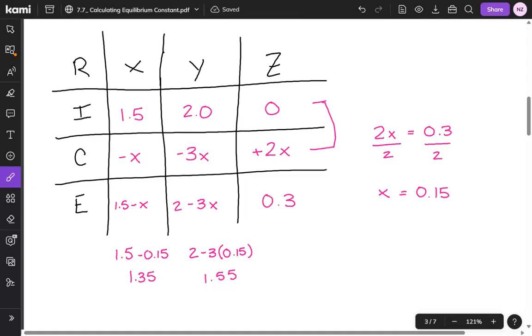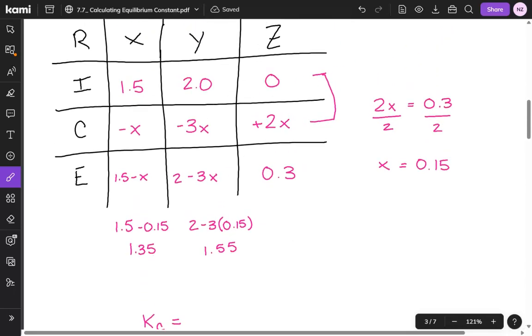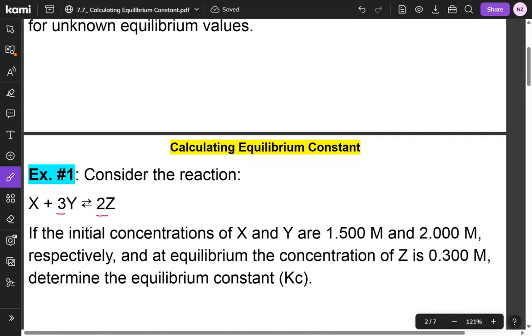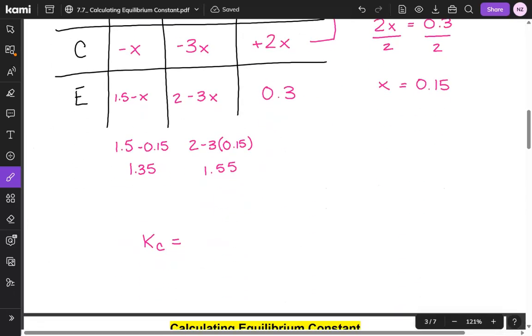The question was asking us to solve for Kc, and we're going to write out our equilibrium expression. It's always products over reactants. So it would be the concentration of Z squared, then we would have X, and then we would have Y. Y is going to be cubed here. So we can just plug in all of our values.